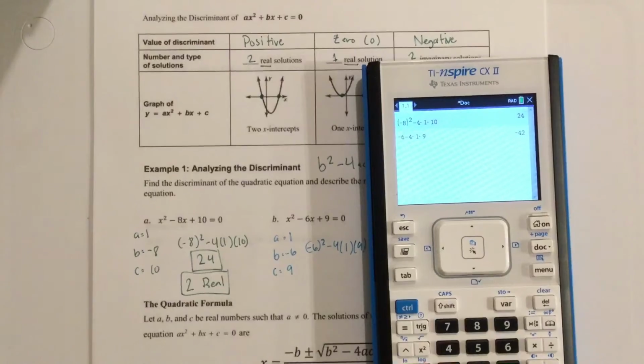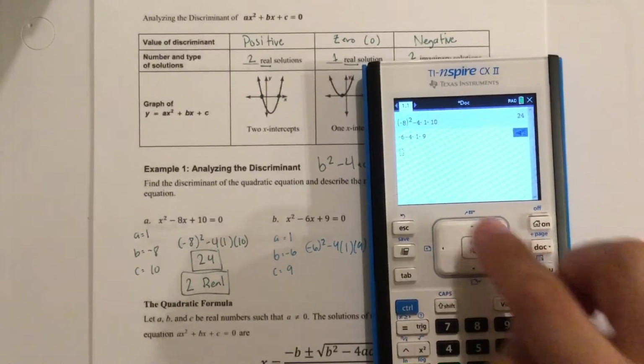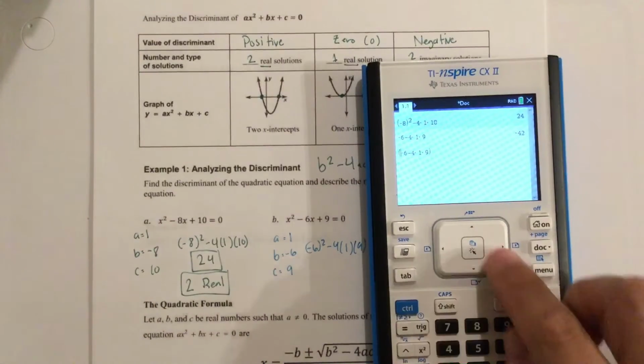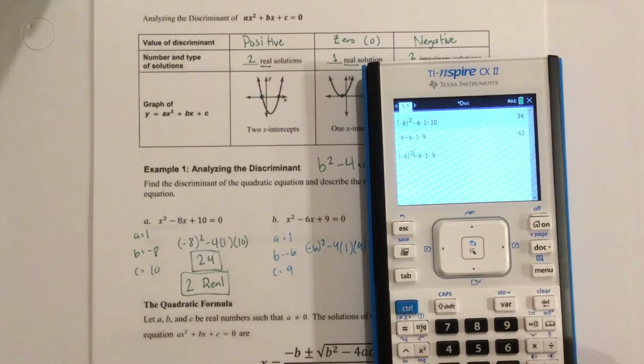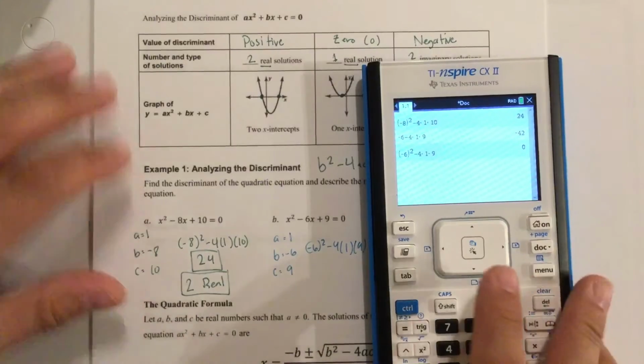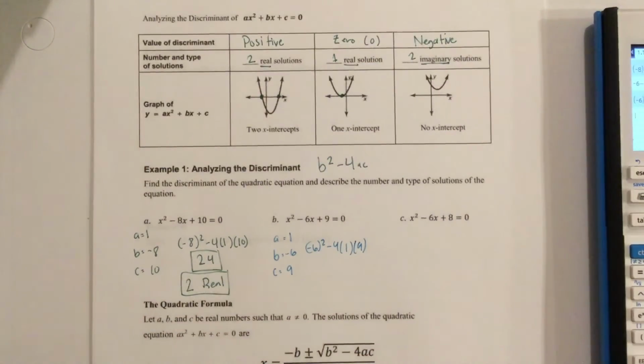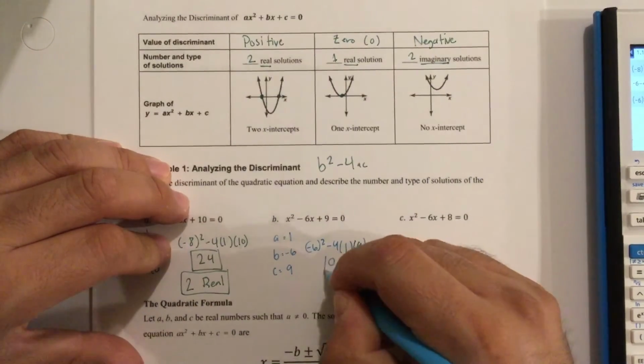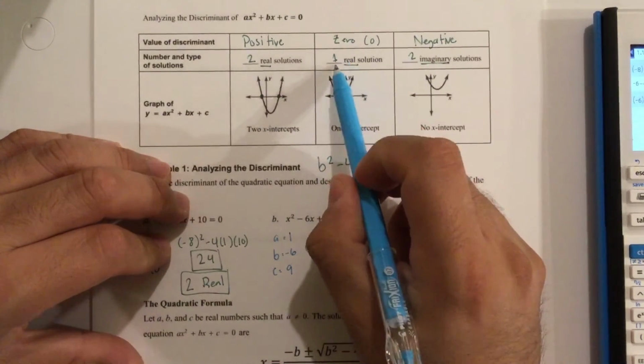And we get negative 42. I forgot one thing here, so let's go fix that. It was supposed to be negative 6 in parentheses squared. And it is actually 0. There's our value. So our discriminant is 0. And we said if we got 0, we get one real solution.